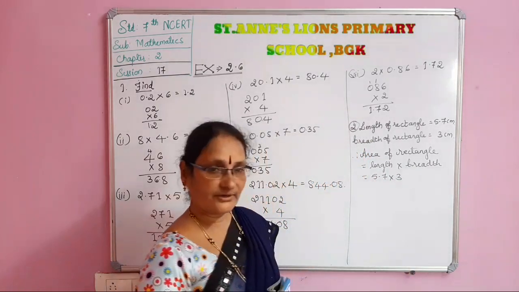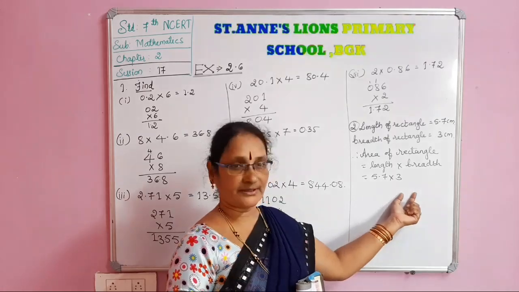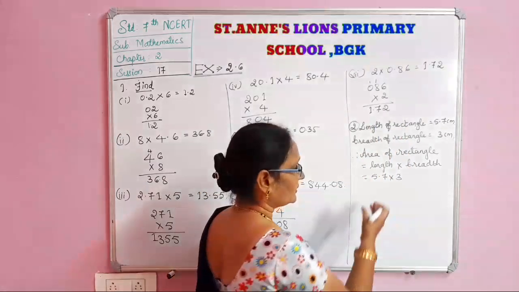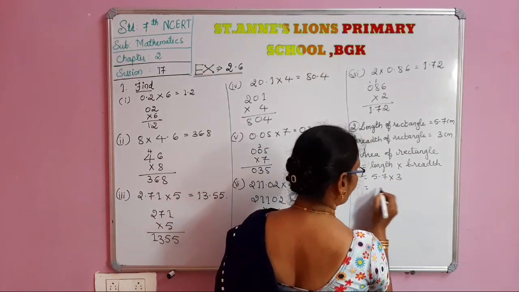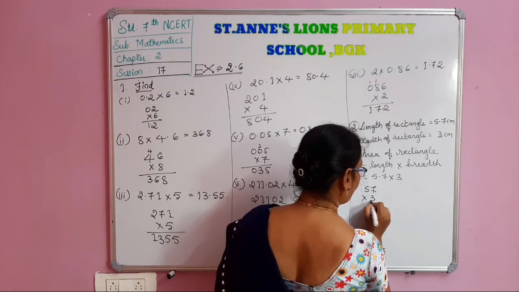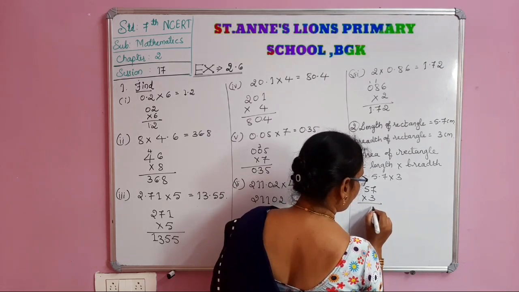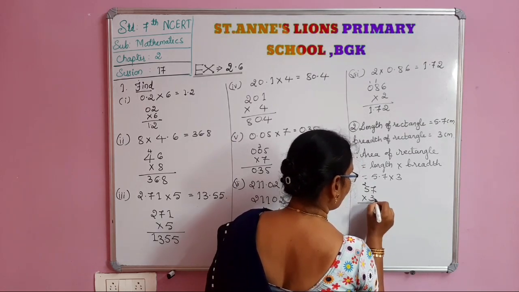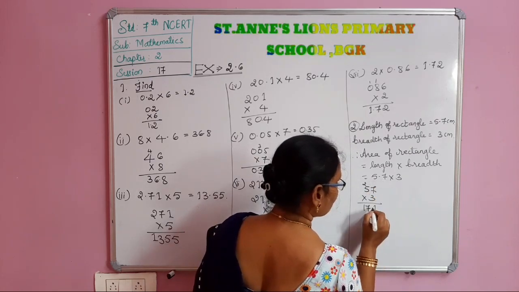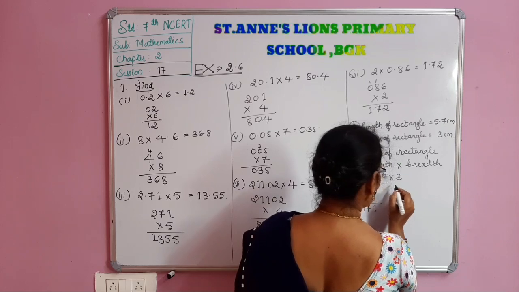See, instead of directly giving this type of number, they will give in this way. Now you know how to multiply these two. So you multiply 57 into 3. 3 sevens are 21, carrying 2. 3 fives are 15 plus 2, 17. After how many places? 1 place.